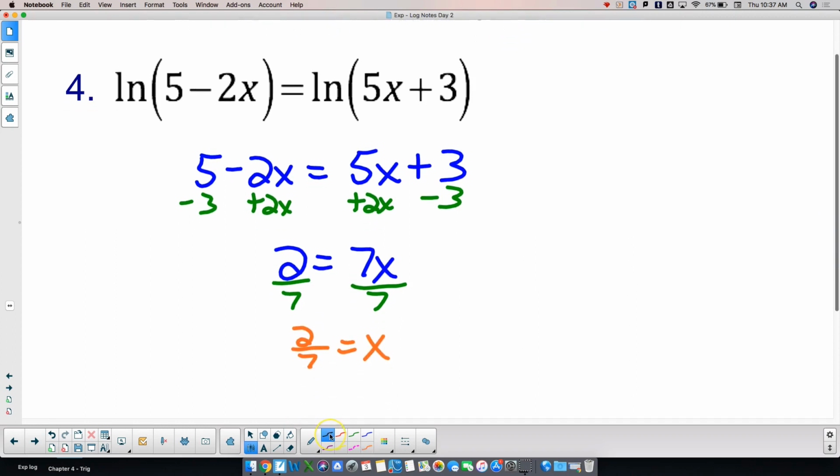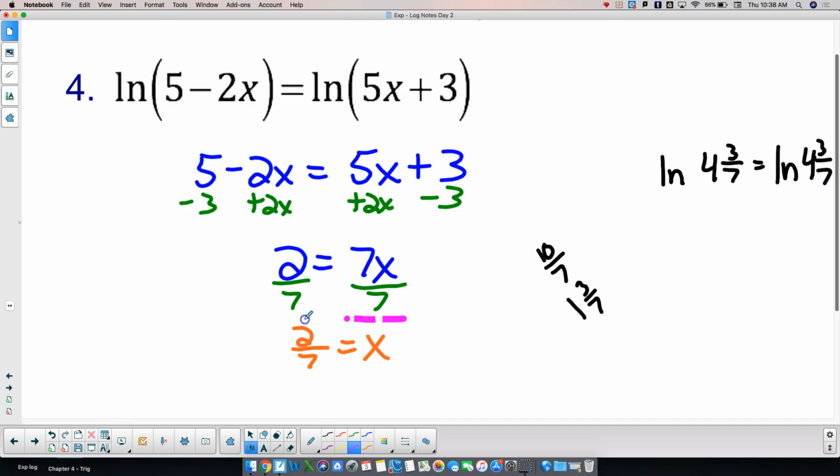If I plug in 2/7 into my equation, 2/7 times 2 is 4/7, so I get the natural log of 4 3/7 there. On the other side, 2/7 times 5 is 10/7. 10/7 plus 3, that's 1 3/7 plus 3, is the natural log of 4 3/7. Checks out. Works out. Love it.